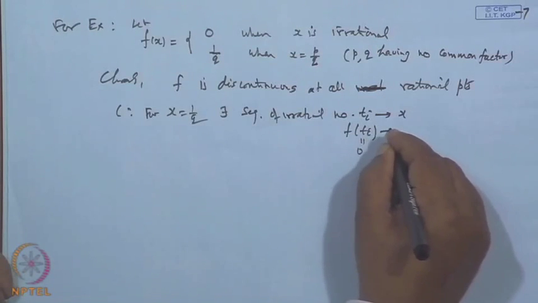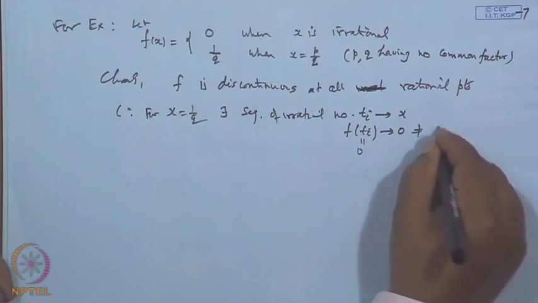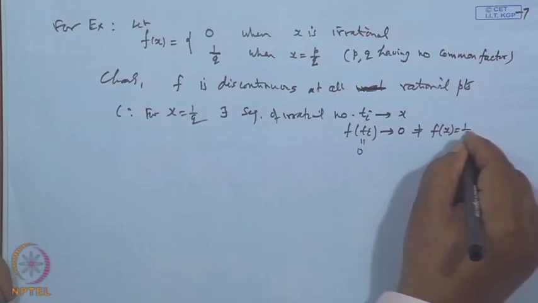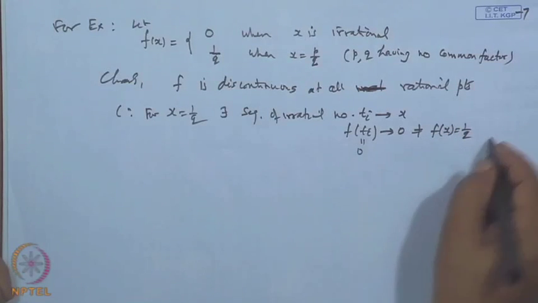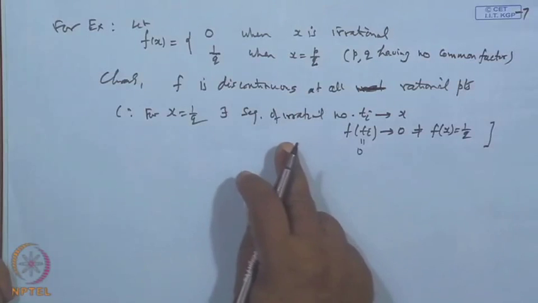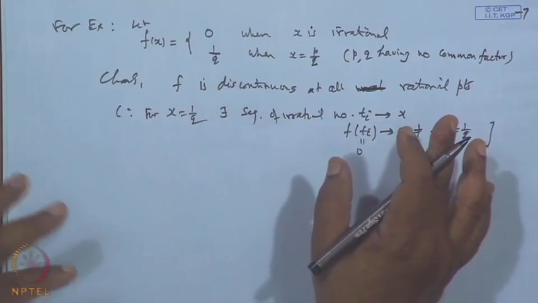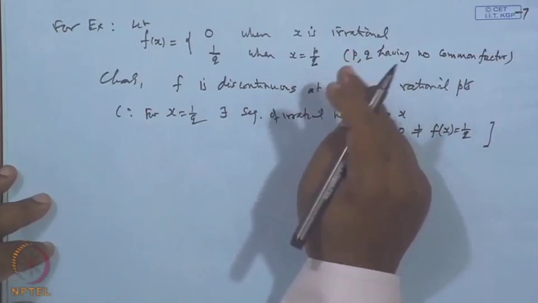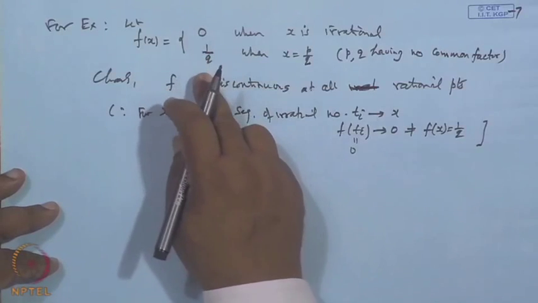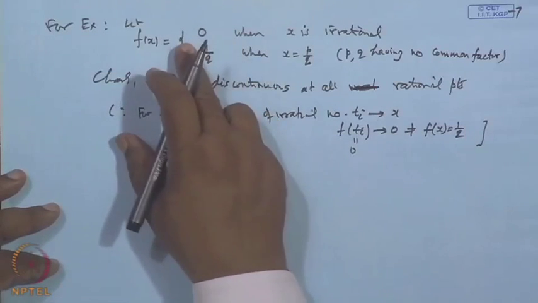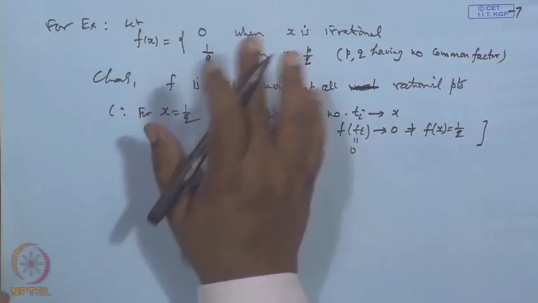So the limiting value will be 0, which is different from f(x), because this is 1/q, not 0. So every rational number is a point of discontinuity. But if we take an irrational number and take a sequence of rationals, then as q tends to infinity, it will go to 0. So here you will get continuity.